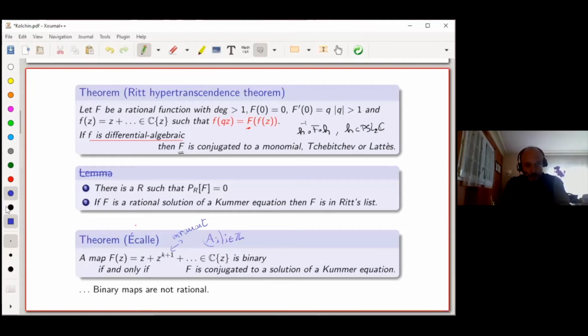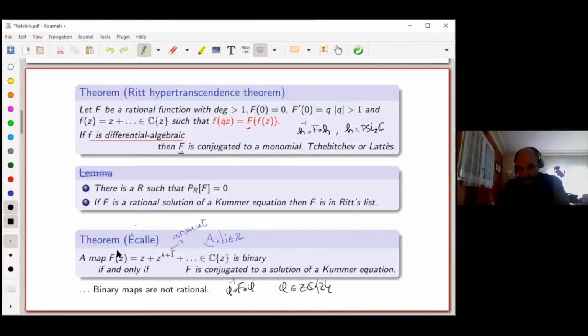Here conjugacy means f conjugated by phi, where phi is a convergent power series without constant term.